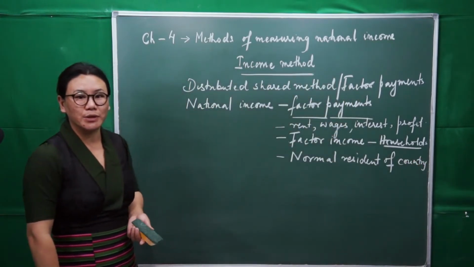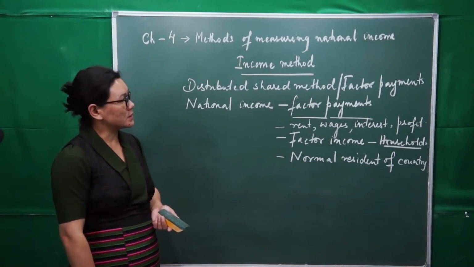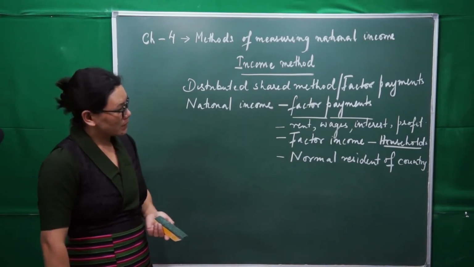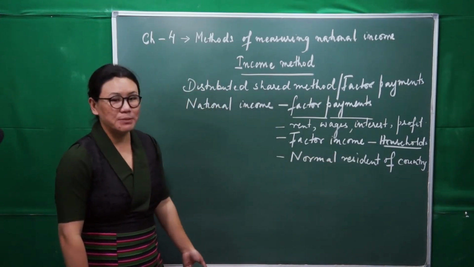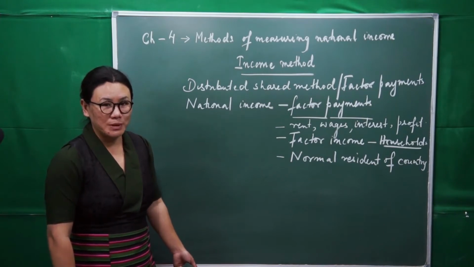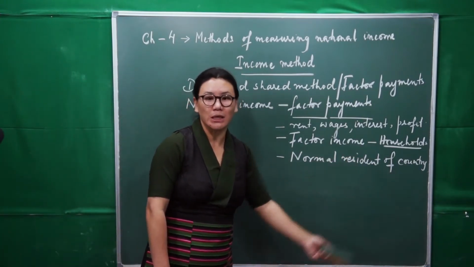Is that clear? Okay. When we are estimating national income using this method, household refers to the people. Which people? Normal residents of the country.